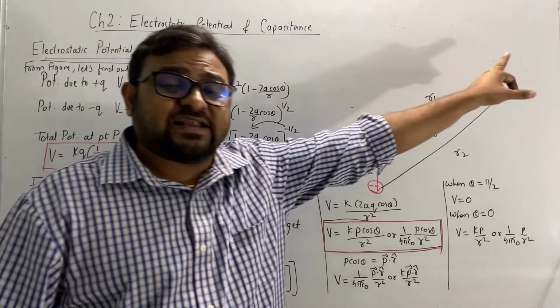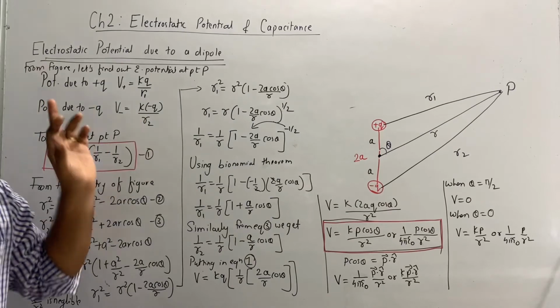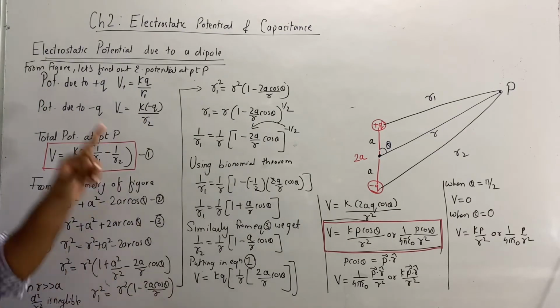So the total electrostatic potential will be V plus V minus. I will get this formula.